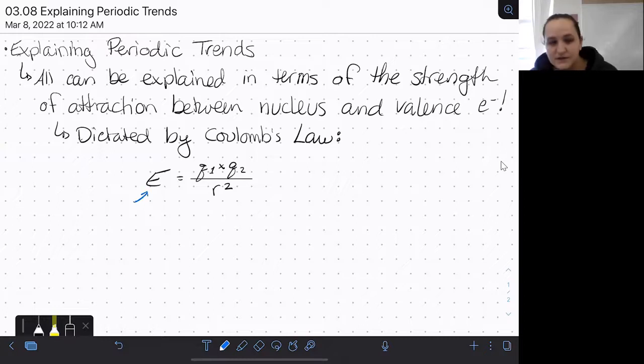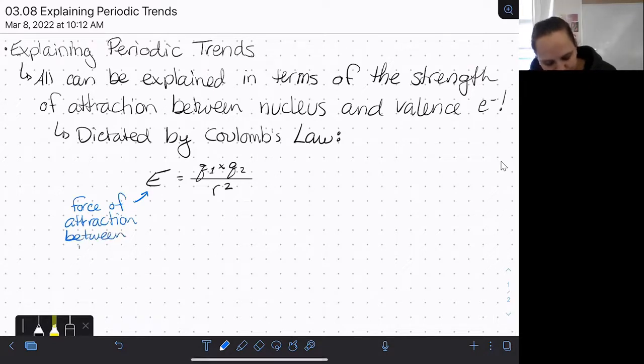So E stands for energy. It is the force of the attraction between particles. This does also apply to repulsions as well, but we're using it for the attraction side of things here.